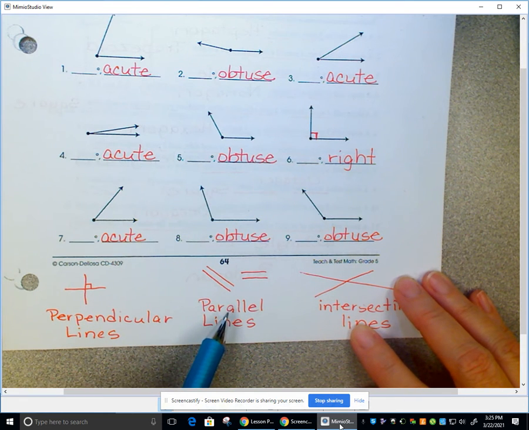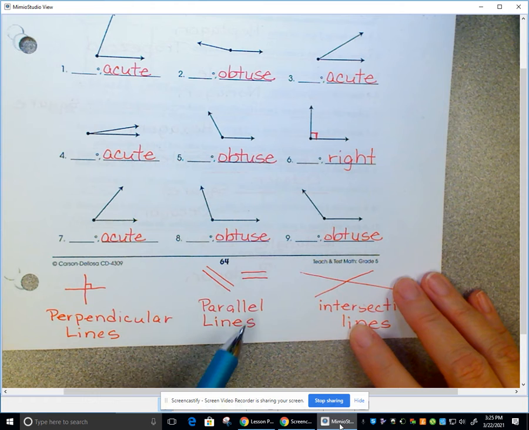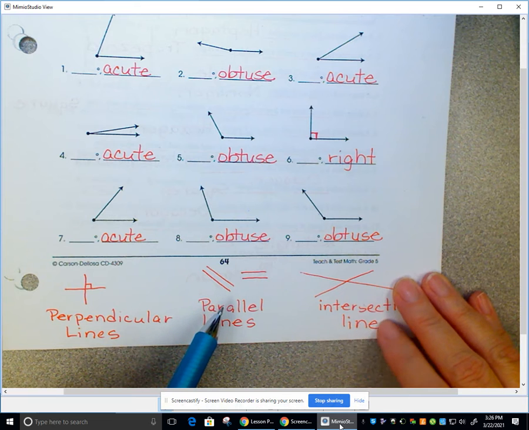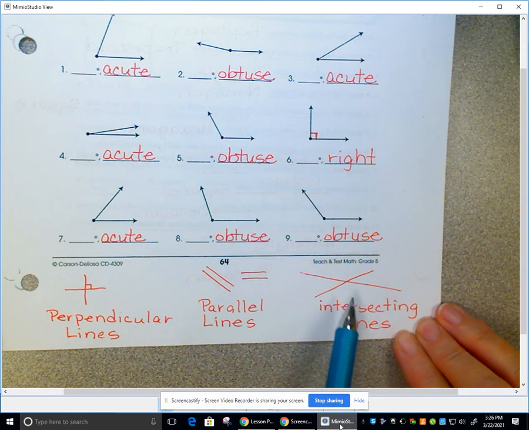These are parallel lines. We're going to be talking about this term a lot. And parallel lines are lines that stay the same distance apart and never cross. And of course, these are intersecting lines, but these are not perpendicular because where they cross, it does not form a right angle. Okay? Now let's turn and look at the back sheet.